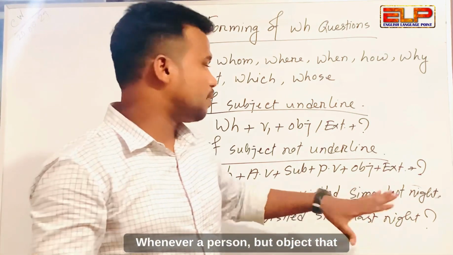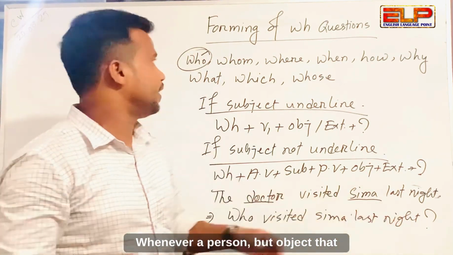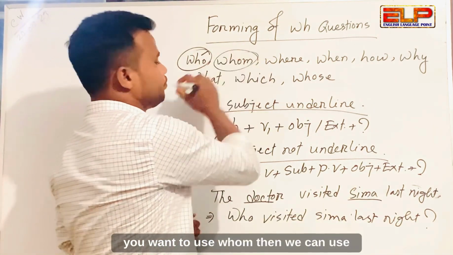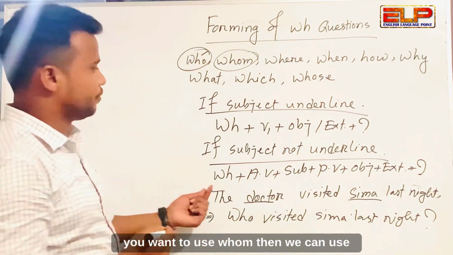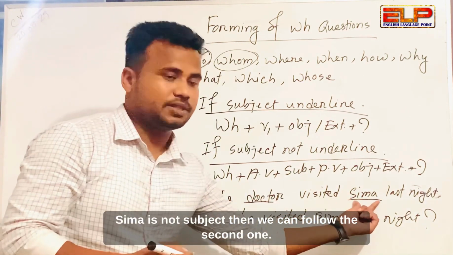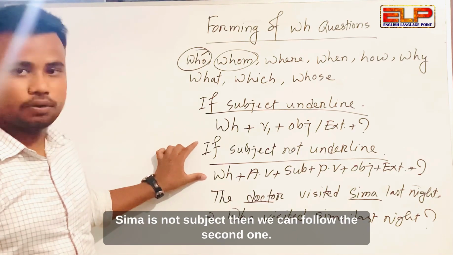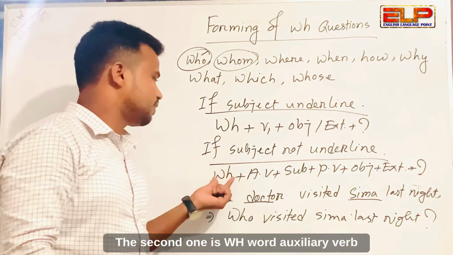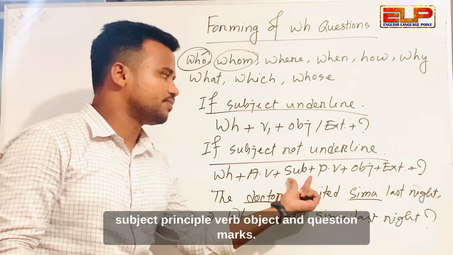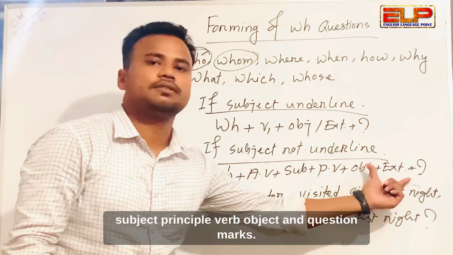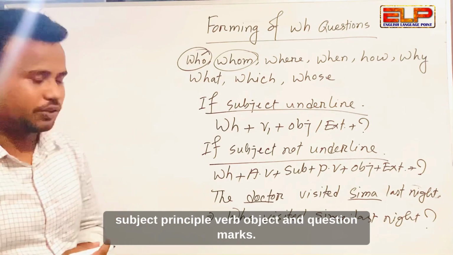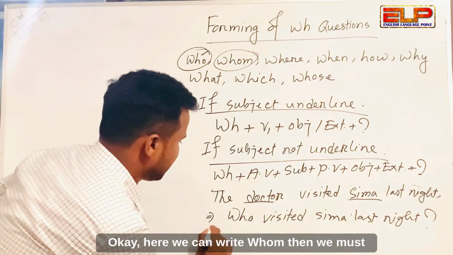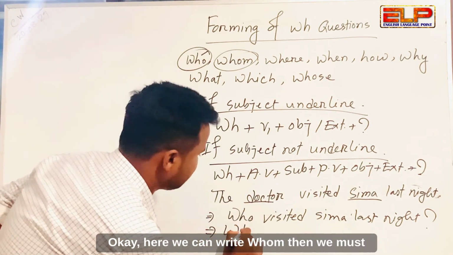Whenever it is a person as an object, you must use whom. Shima is not the subject, so we follow the second structure: WH word, auxiliary verb, subject, principal verb, object, and the question mark. Okay. Here we can write whom.